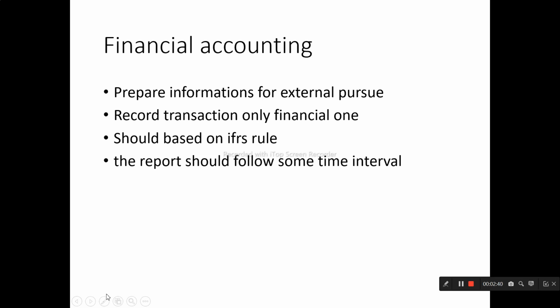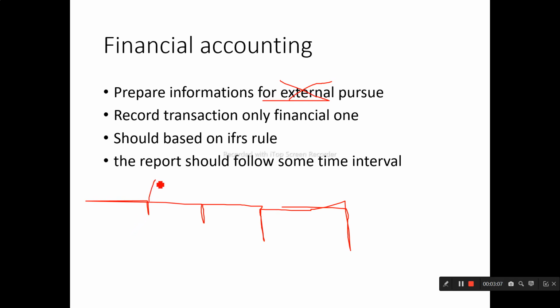They have a specified pattern, gap, or period in between. For example, if they are made once a year, they should follow this yearly interval in order to be presented. However, if the reports are made for internal purposes, not for external purposes, they might not need to follow this specified interval of time.